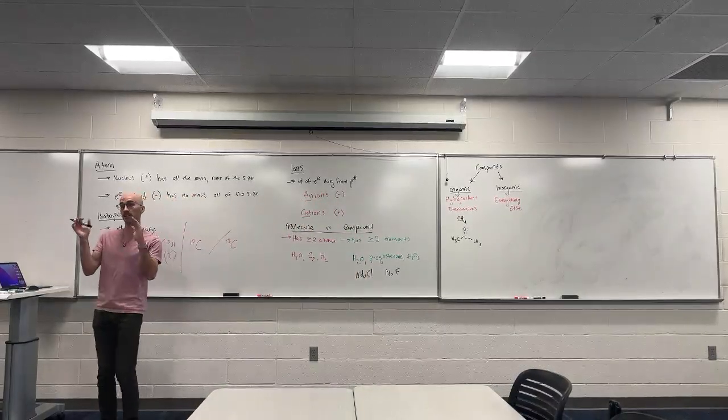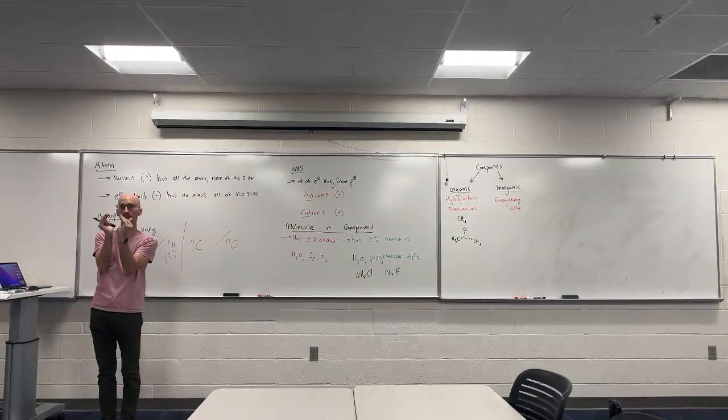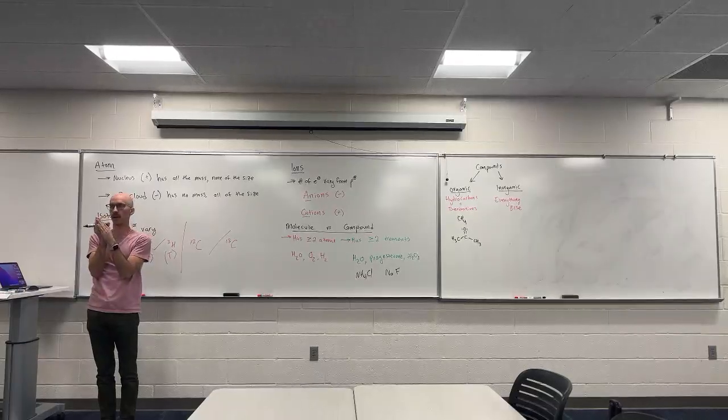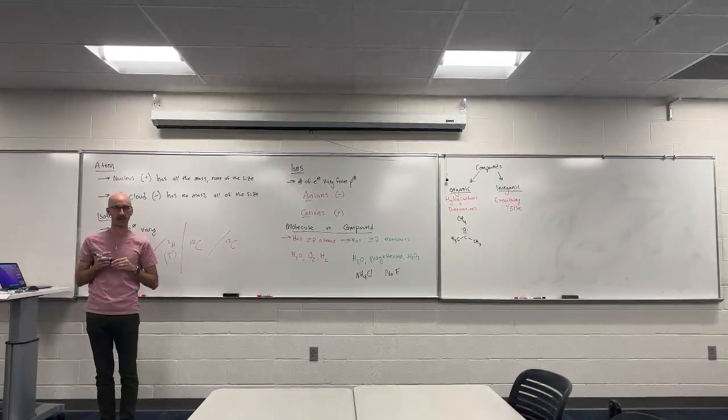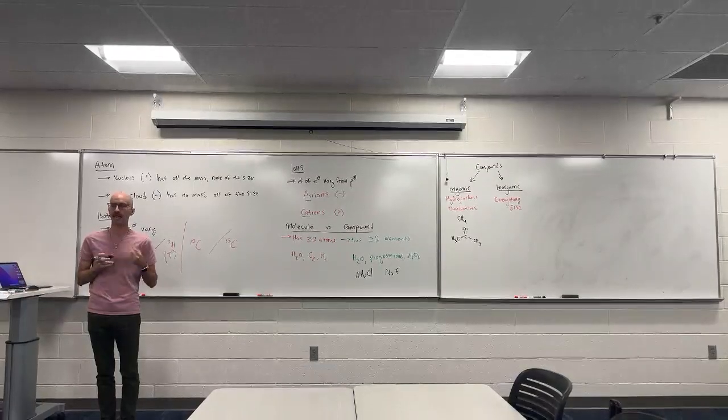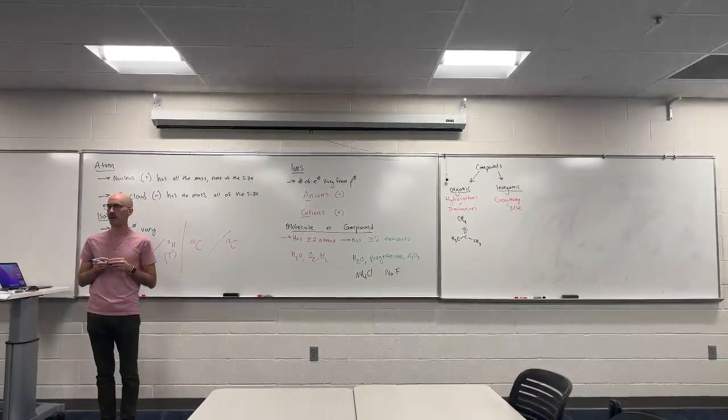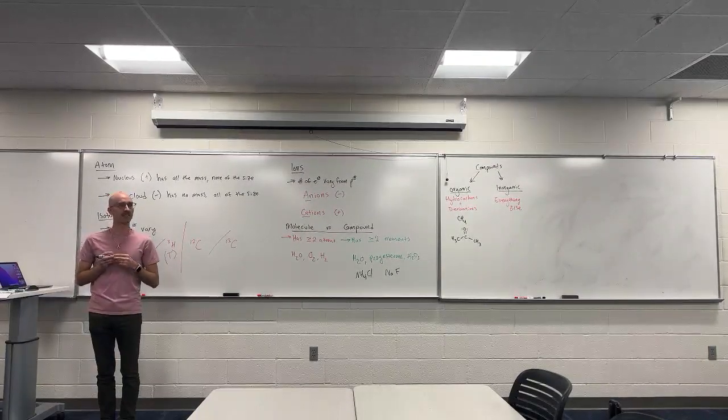You guys might notice I'm abbreviating part of its bonding structure. I'm saying that there are these groups of three hydrogens bonded to each of the carbons on either side. That's acetone. Some of you may know acetone as nail polish remover. What other organic compounds can you guys think of?